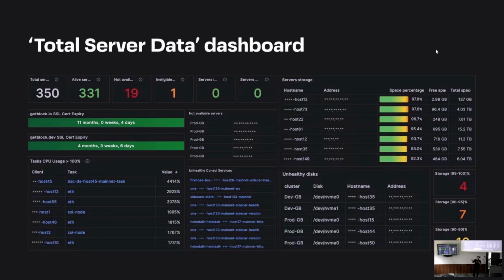We have to check them daily because nodes are very intense software, and they utilize your servers, your machine very highly, and especially for disk, for your NVMe storage, it could kill it in like 1 year.